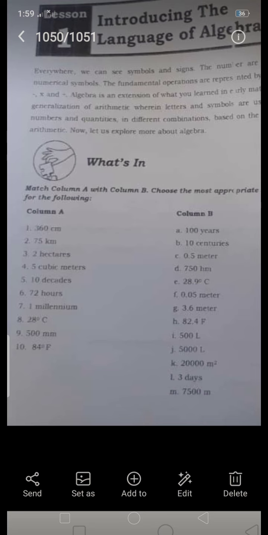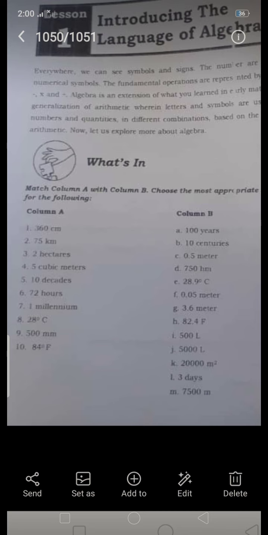Then, 5 cubic meters. Okay, saglit lang. Nag-loading ako. Ano yan? Cubic meters, no? Cubic meters, that is m raised to power of 3.